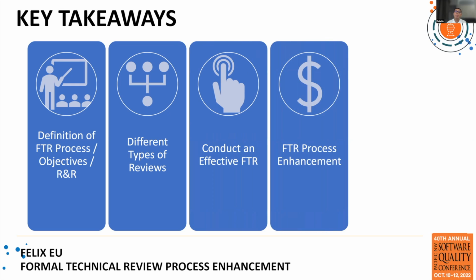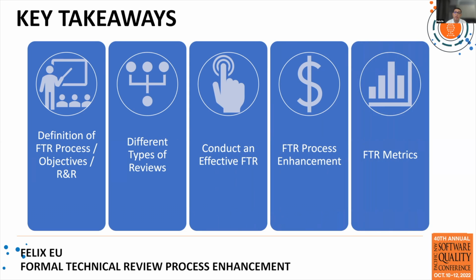Learn about the FDR process enhancement on the FDR guidelines and FDR tools, and the benefit that brings to the organizations in the long run. And you're able to define the FDR review metrics, including the user experience, benchmarking, and quality data.